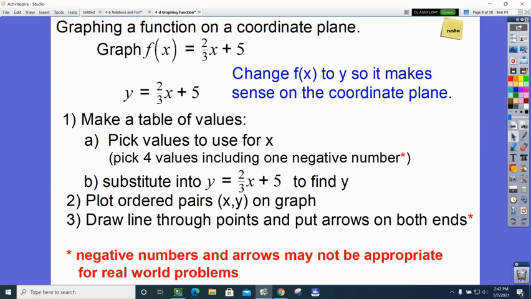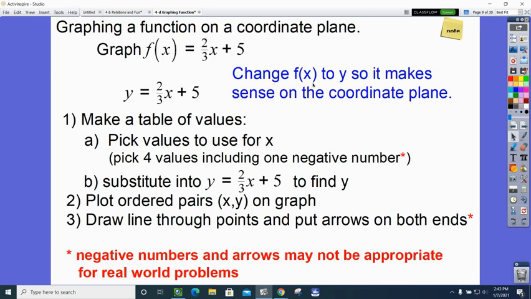So before we finish today, I'm just going to do a review of what we've done. When you are graphing a function on the coordinate plane, you're going to start by making a table of values. Now, if it happens to be f of x, remember that other name for the output, you can make that y so that you have the x and the y. You can name it by its other name.